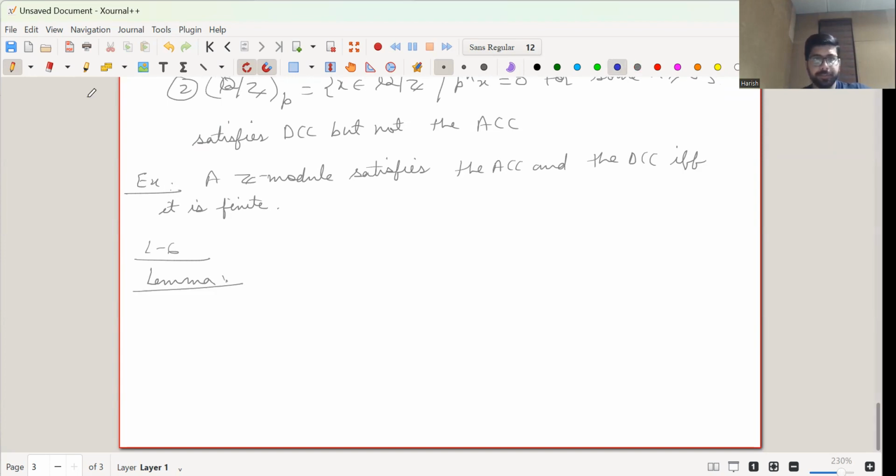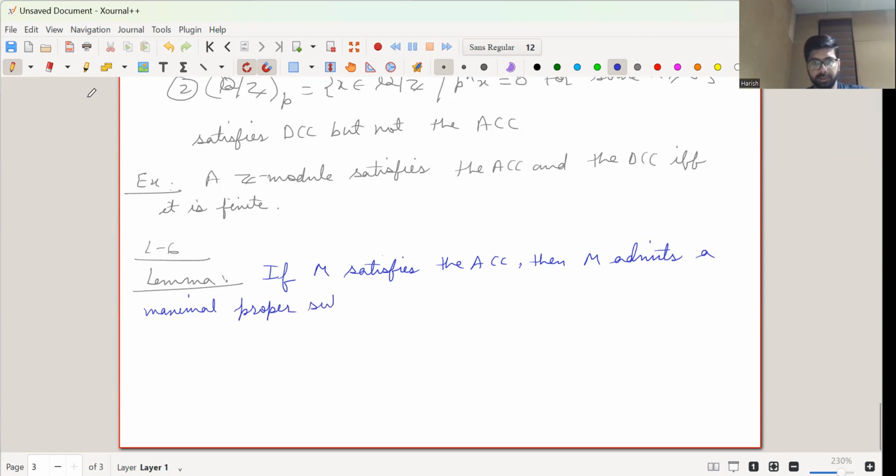So lecture 6 has a lemma which says if M satisfies the ascending chain condition, then M admits a maximal proper submodule.